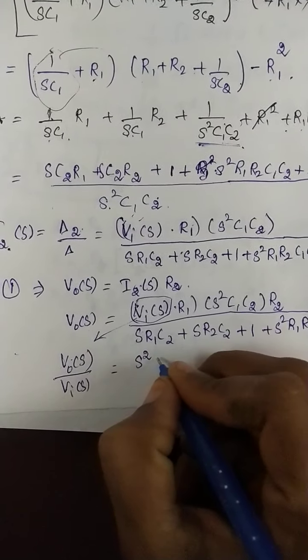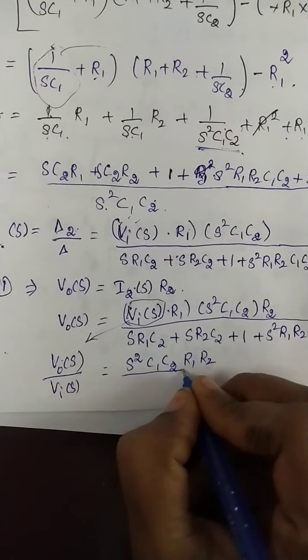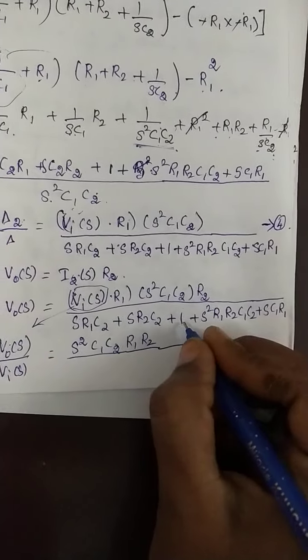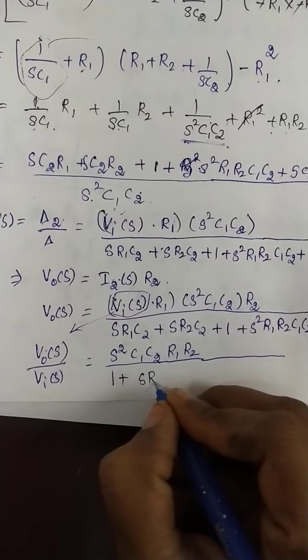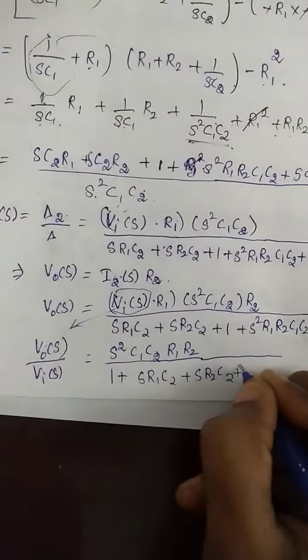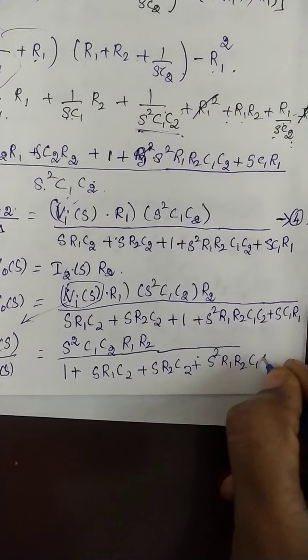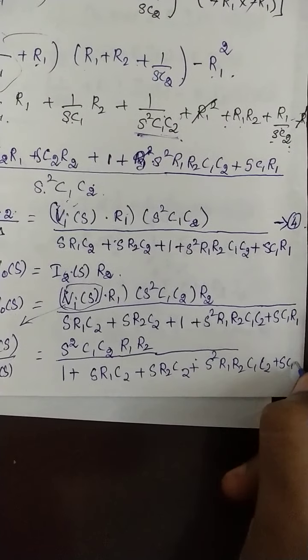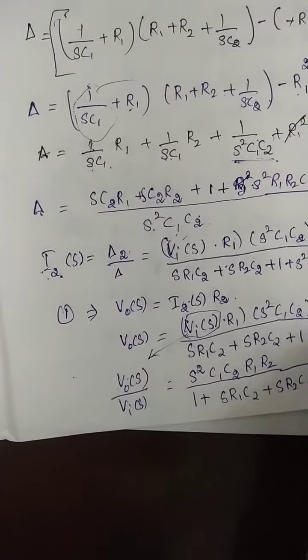So S squared C1 C2 R1 R2. So divide by, so I am taking first one as common constant term, 1 plus S R1 C2 S R2 C2 plus S squared R1 R2 C1 C2 plus SC1 R1. So that is the transfer function.